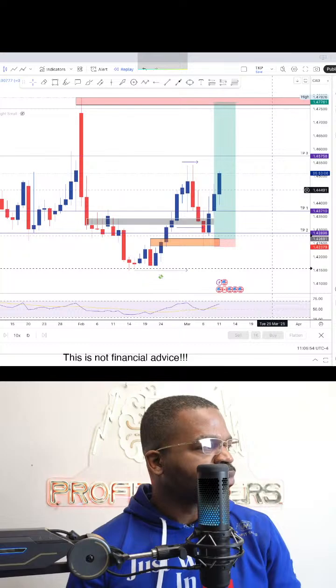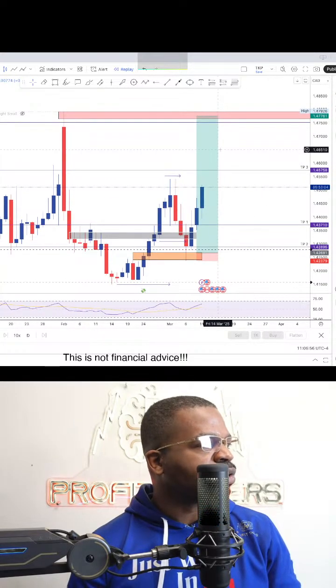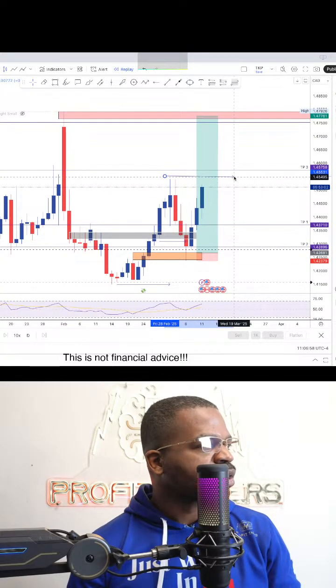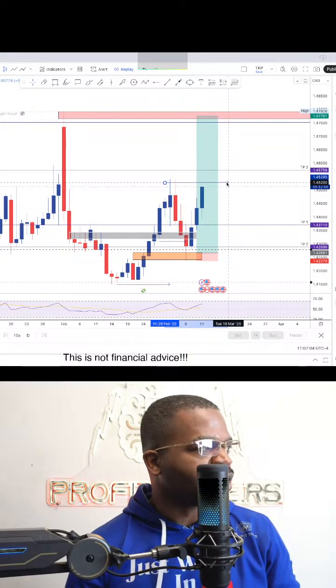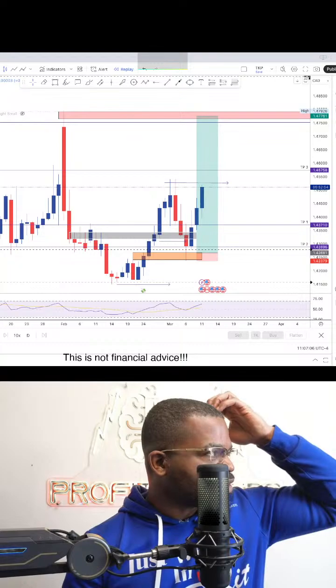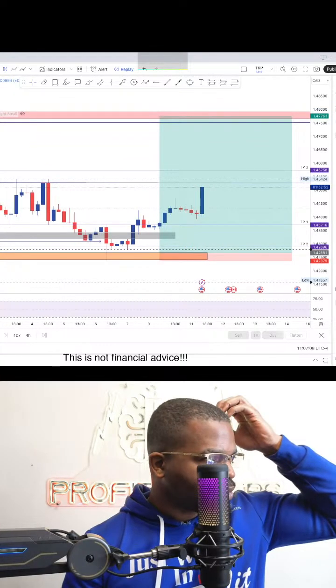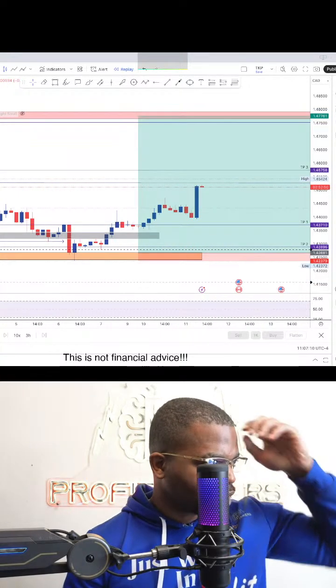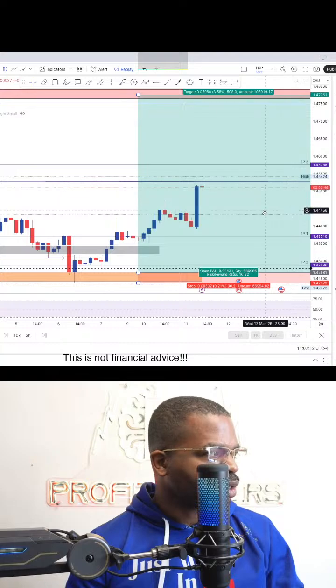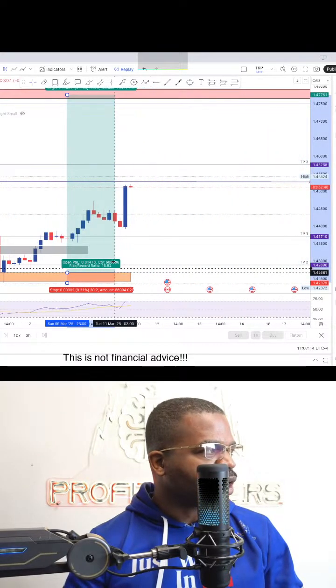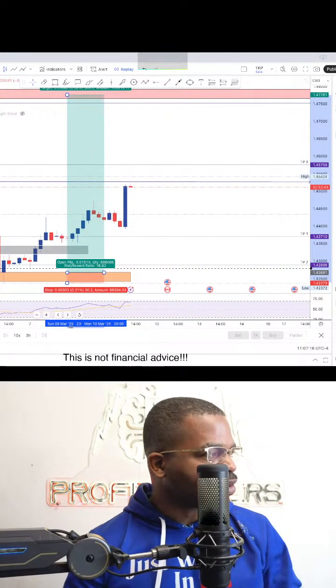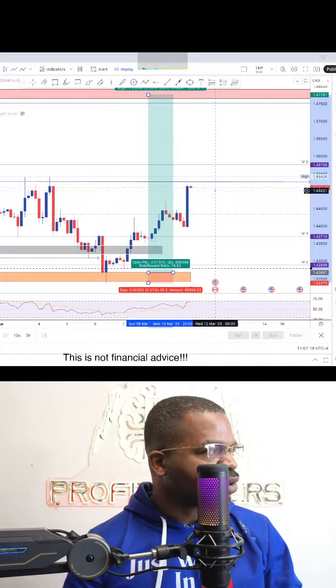USDCAD is still running. Nice setup. Let's see what happens. If we get a break above these highs, I'm pretty sure it'll give us another entry for this trade setup. So that's something you guys will see us do a lot versus trying to trade everything.